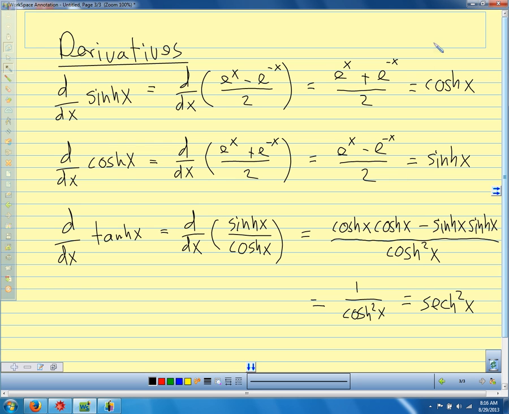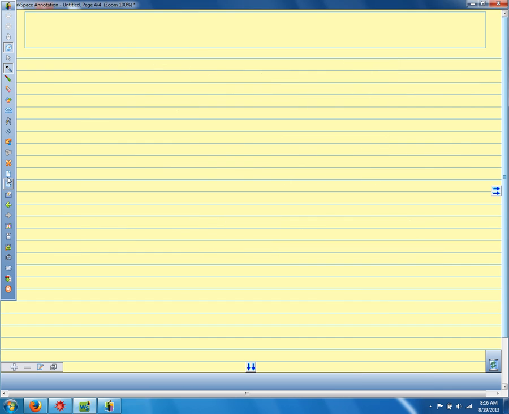So we did our first three derivatives, and because we have the derivatives, we can talk about the antiderivatives. So what I want to do is list the derivatives and the antiderivatives of these basic hyperbolic trig functions.